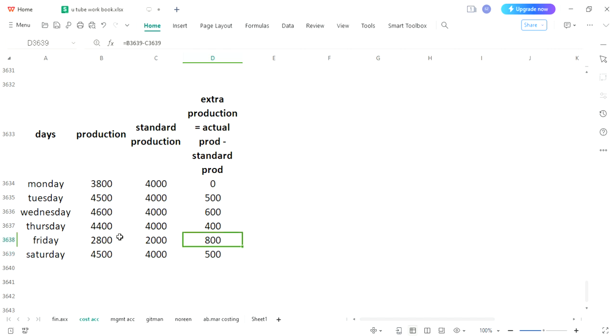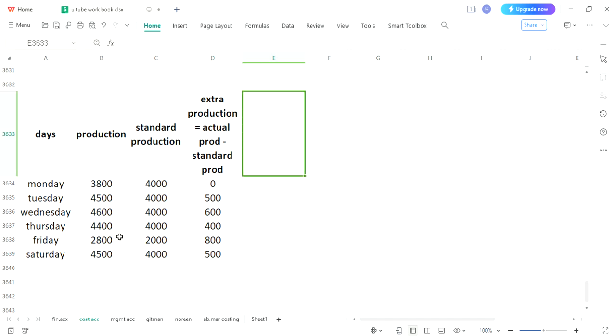And now we will calculate their normal salaries, normal wages. We will be applying hours multiplied by per hour rate. So here hours they have worked is 8, and it would be multiplied by per hour, and that is also 8, I think.